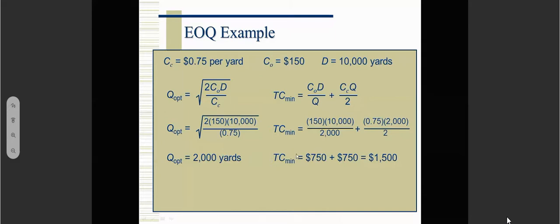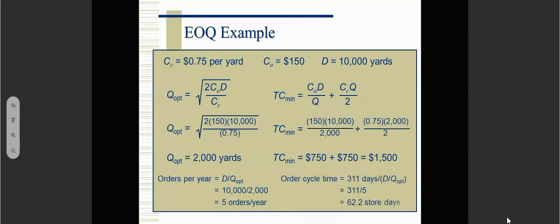So the total cost will be 750 for the ordering cost and 750 for the carrying cost. And the total variable cost for this problem is 1,500. So of course, the order cycle is 10,000 divided by 2,000.